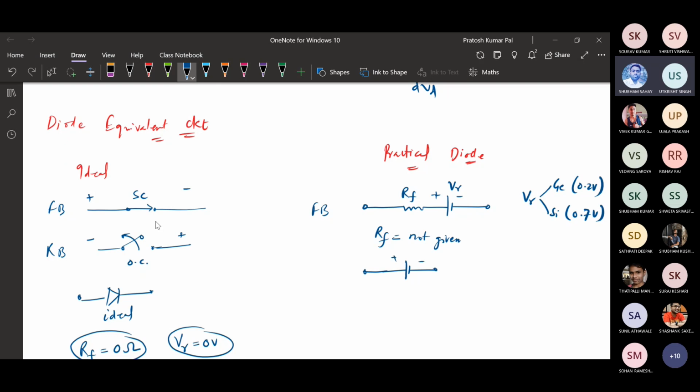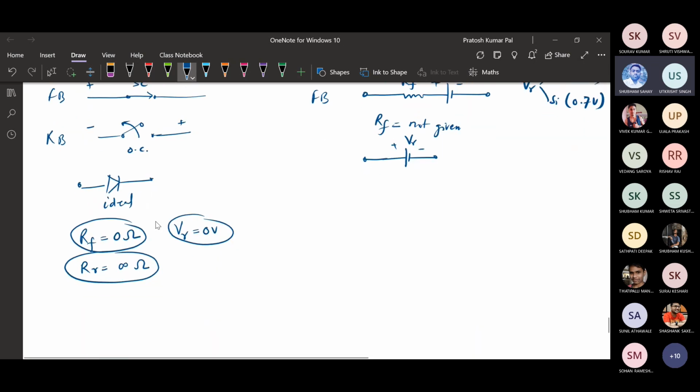Here the practical diode will be represented by a voltage source only. If it is reverse bias, it will be represented by a resistance only.